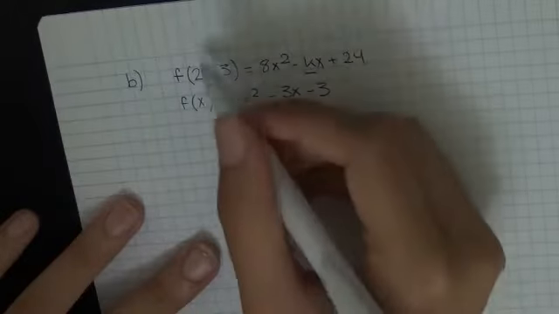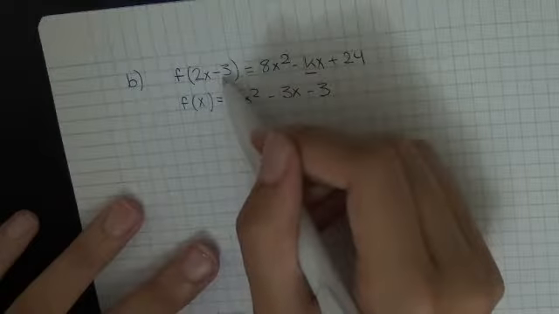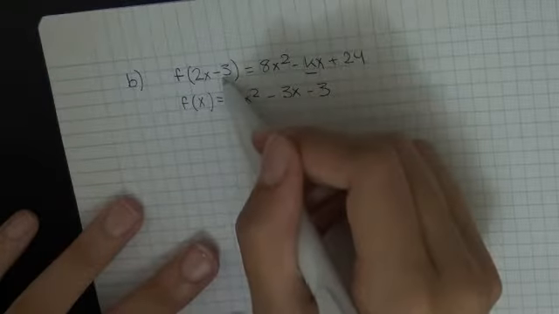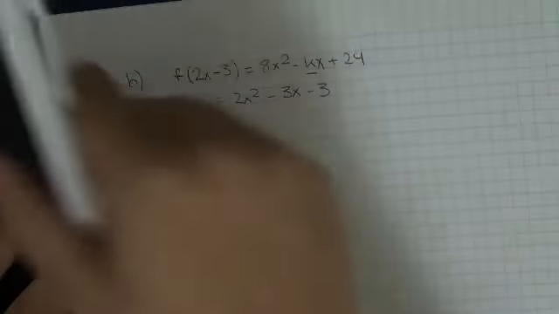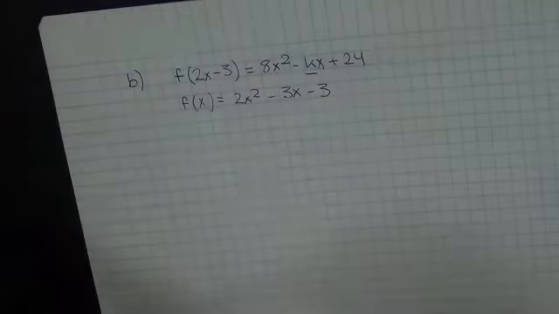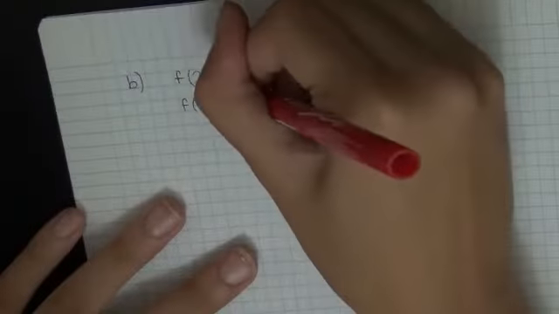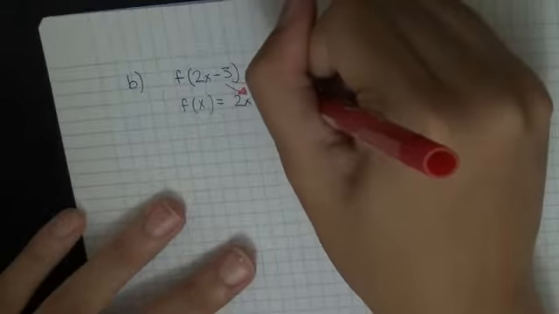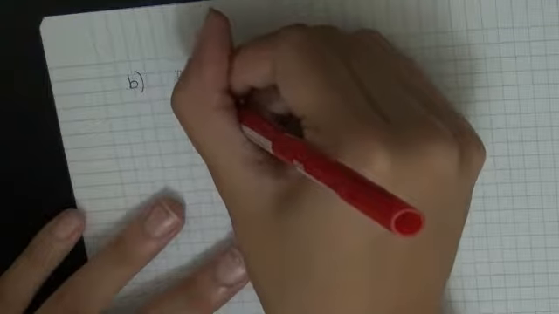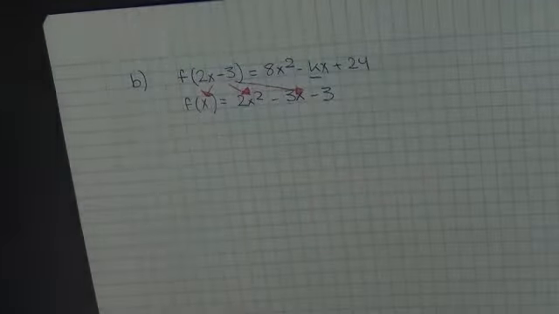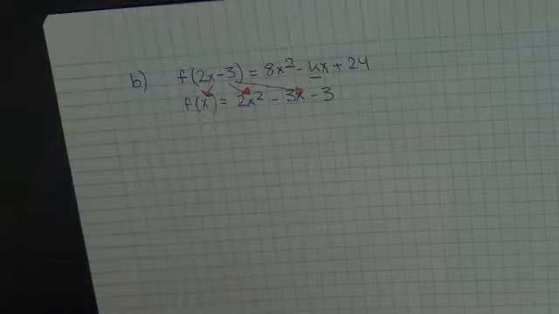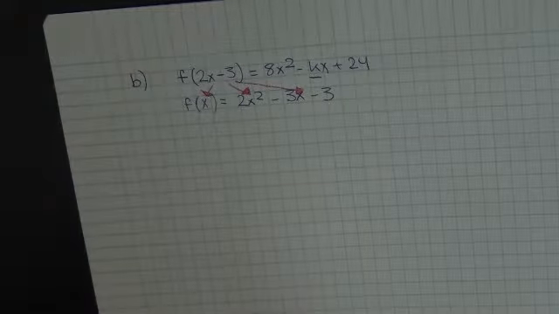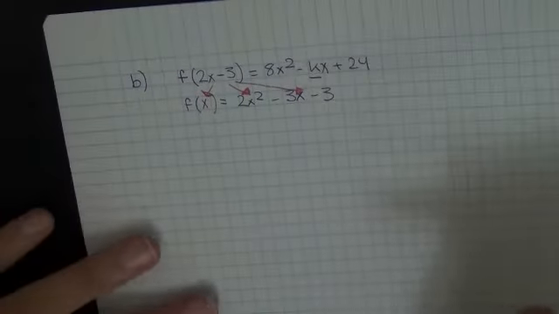So we get the 2x minus 3, and we input it into the x squared here, and the x there as well, just to show what you have done. And so doing this, we will get the value of k as follows.